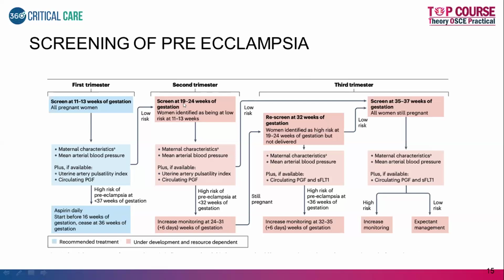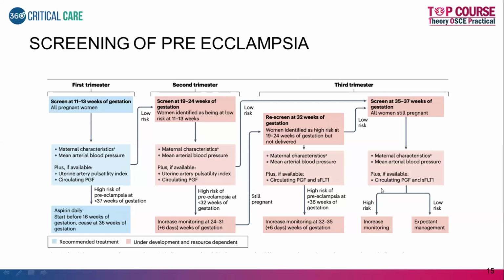Okay. Now, if you have diagnosed the patient at second trimester, then you need to increase monitoring at 24 to 31 weeks of gestation. Okay, so only monitoring is required.